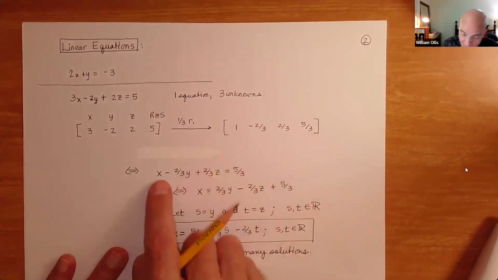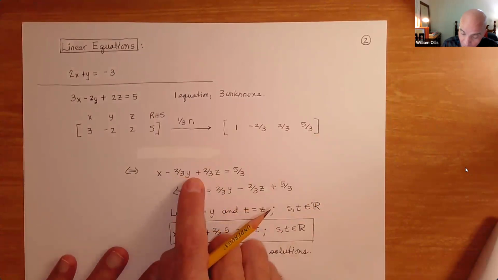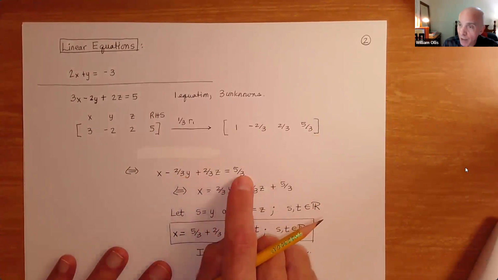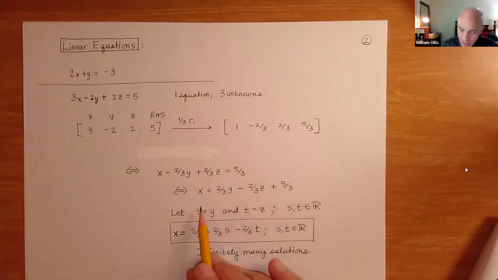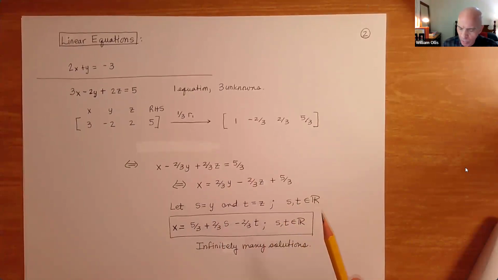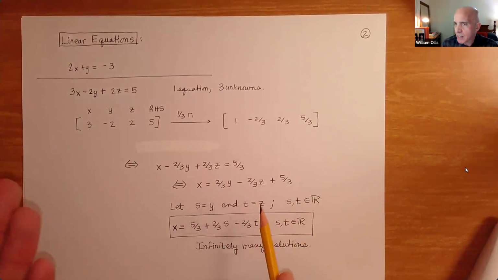So this says x minus 2/3 y plus 2/3 z equals 5/3. Well, what we tend to want to do is to put everything on one side so we can solve for x. So x is 2/3 y minus 2/3 z plus 5/3. Now, at this point, you could think, well, we could assign y and z to be parameters or just leave them as y and z.